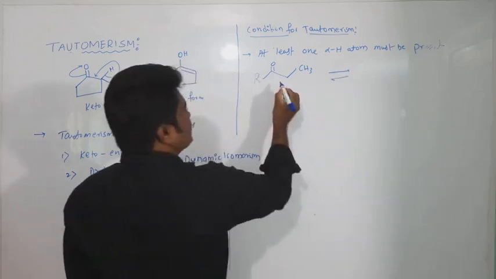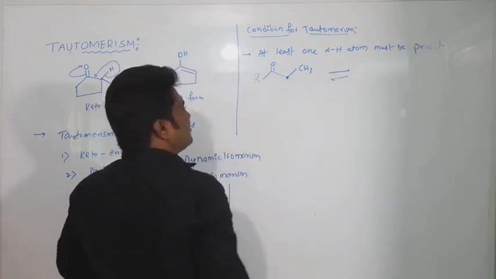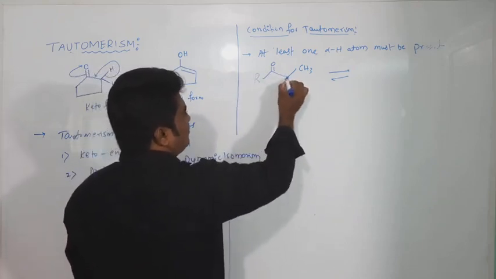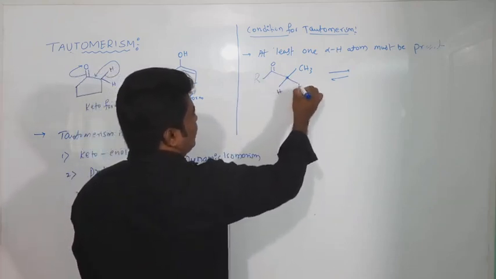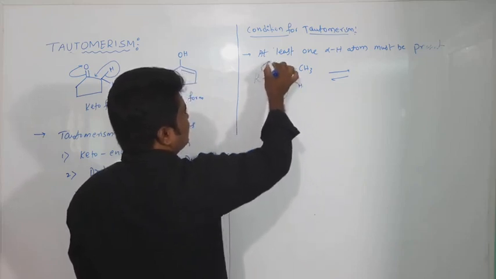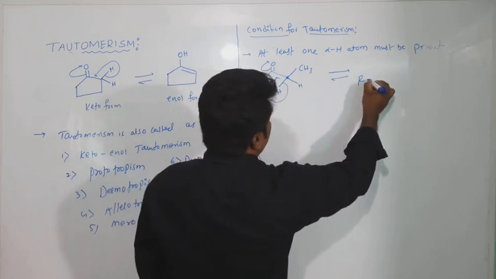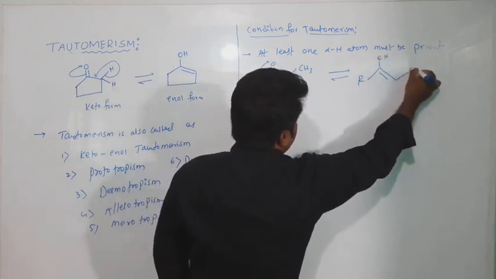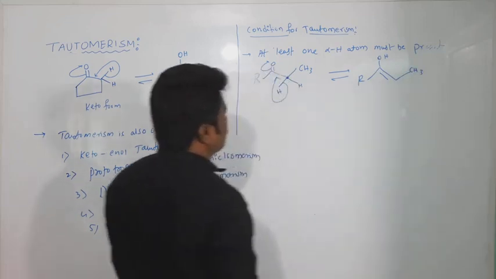Yes, possible. What is the alpha carbon atom? The sp3 hybridized carbon atom adjacent to the carbonyl group. We have two hydrogens here. This hydrogen participates in the resonance, and you get the tautomeric structure. This is enol and this is the keto form. Both are called tautomers.